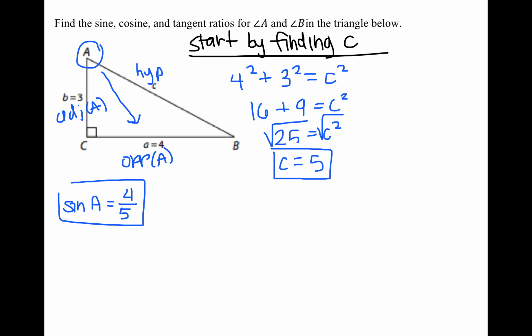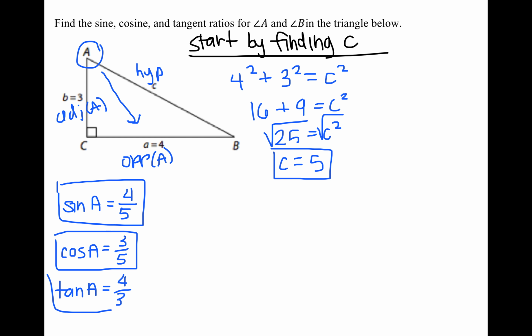So that would be my answer for sine A. Cosine of A, this is the CAH, is the adjacent, which is 3, divided by the hypotenuse, which is 5. And then tangent is the opposite, which is 4, divided by the adjacent, which is 3. So that's sine, cosine, and tangent for A.